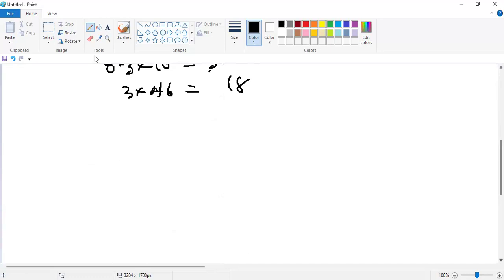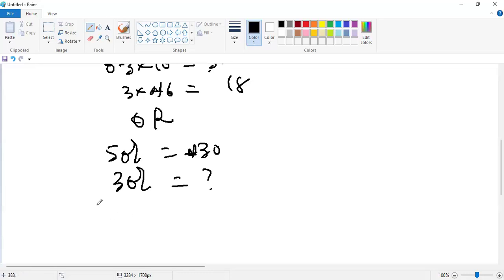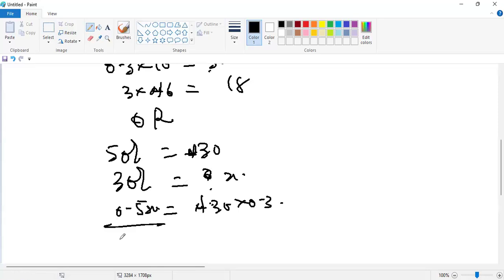I can also use an alternative method. If 50% equals 30 million, how much will 30% equal? By the time you cross multiply, 0.5 equals 30 and 0.3 equals, say, S. I will now divide by 0.5.